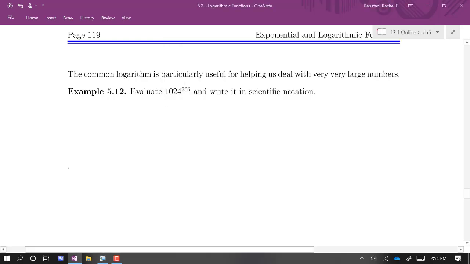But here's what we're going to do. I'm going to take this number, call it n, so we want to know what n is. And I'm going to take the common log. It's really important that we're using the log base 10 here. Using a log of a different base won't work. So log n is equal to log of 1024 to the 256th power.